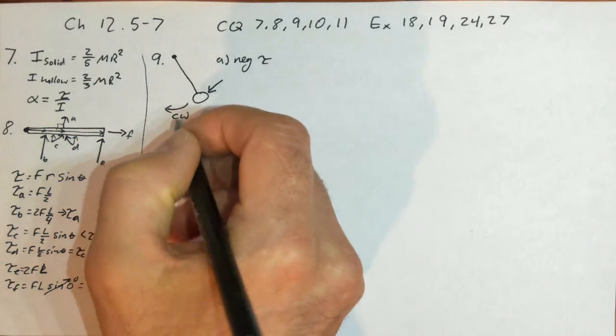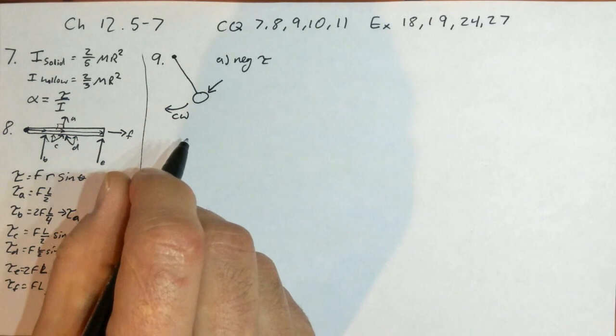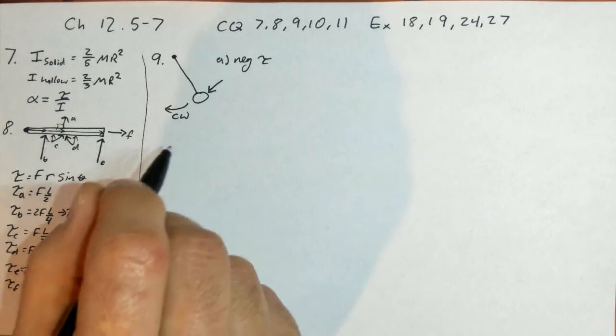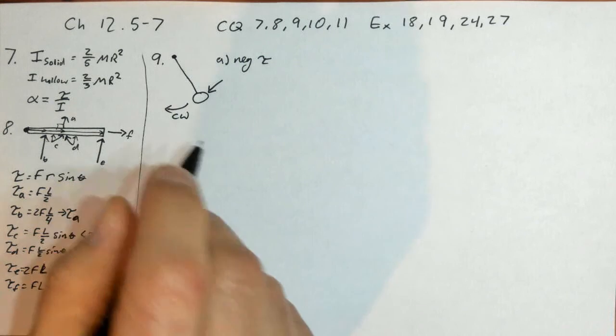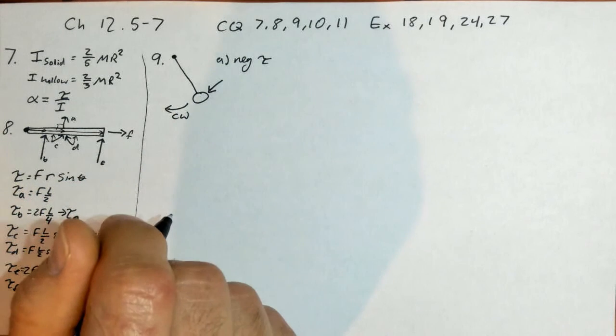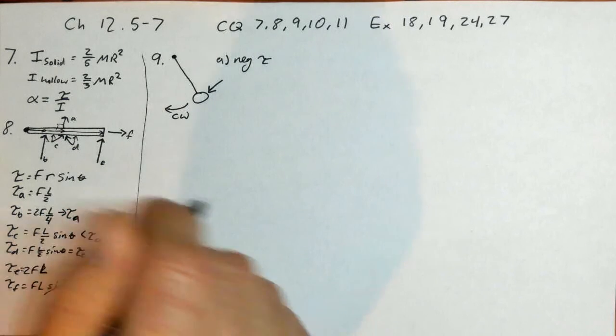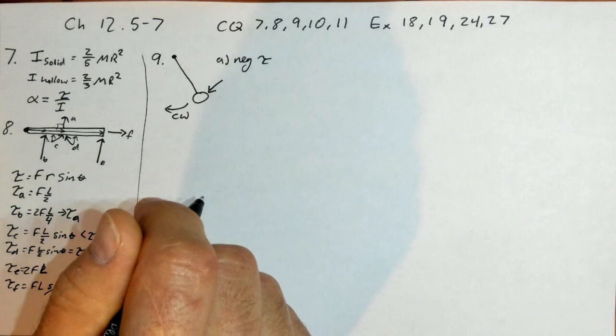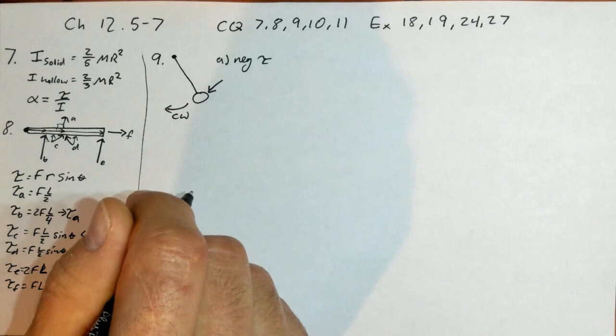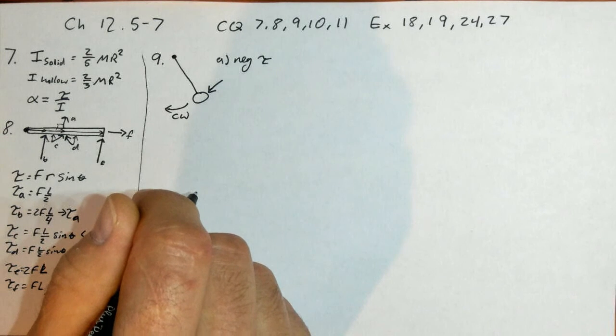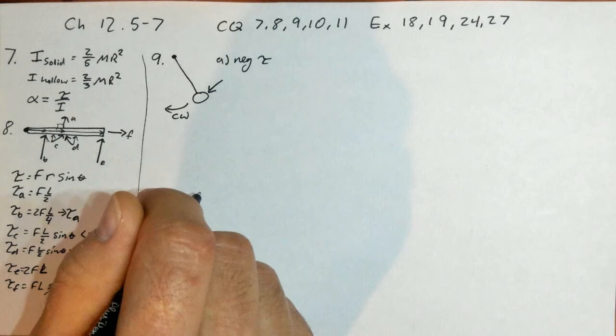Well, if this was pushing a box across the floor and I said after you finish pushing on the box, and this is a frictionless floor, what's going to happen to the box? It's going to just keep on going at a constant rate, because no net force means no acceleration, which means if it was moving after you finish pushing it, then it's going to keep moving.